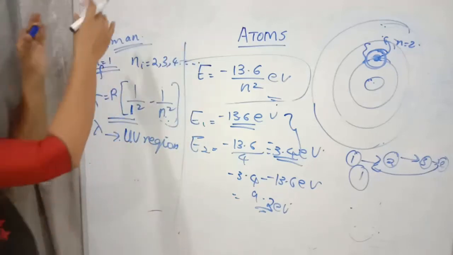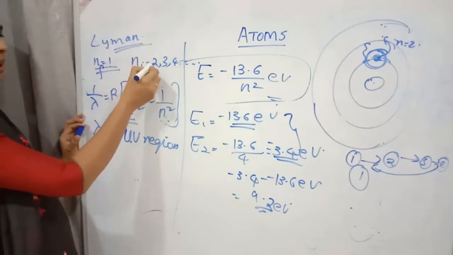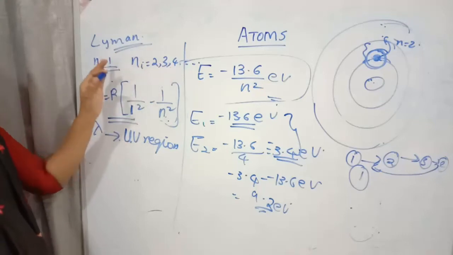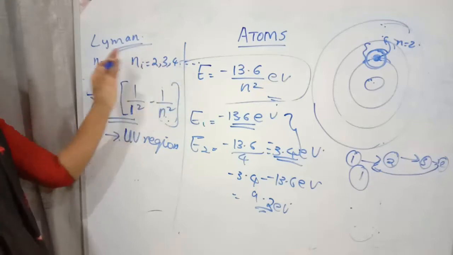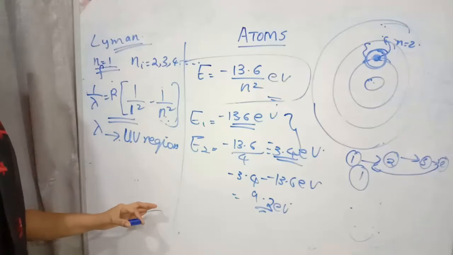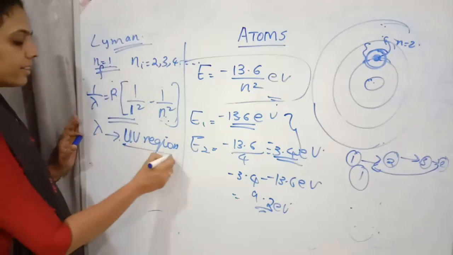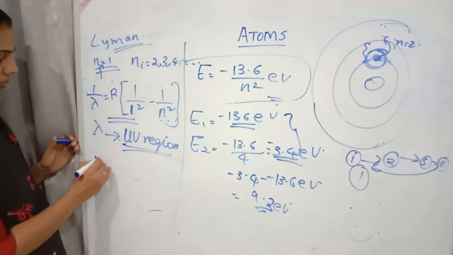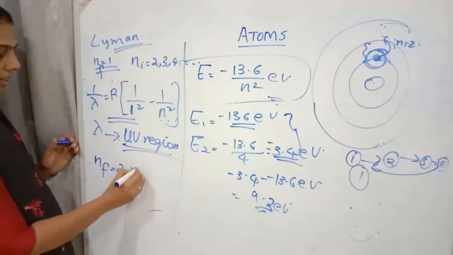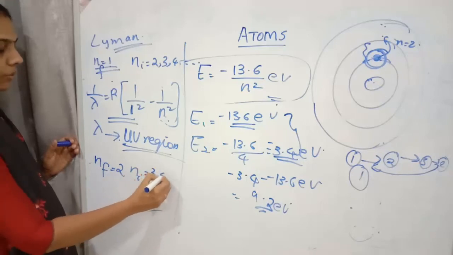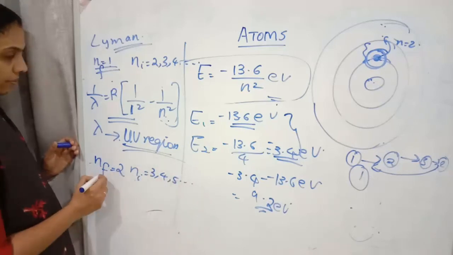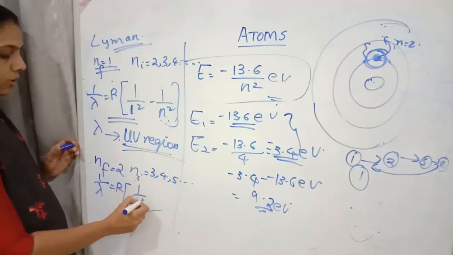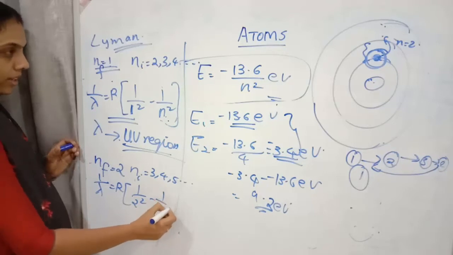Same way, this is one series of spectra. So from the second orbit, maybe the electrons will be coming back to the first orbit, or from the third orbit to the first orbit, or the fourth one to the first one. All of that will be coming under the Lyman series, and the wavelength is of the UV region. And in the same way, if nf is equal to 2 and ni equals 3, 4, 5, etc., then we can write 1 by lambda equals R into 1 by 2 square minus 1 by ni square.